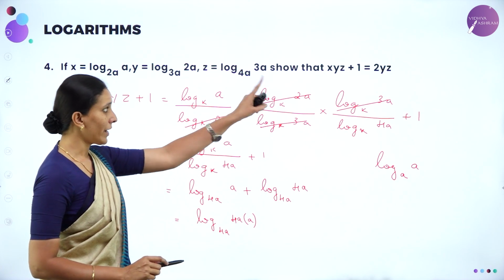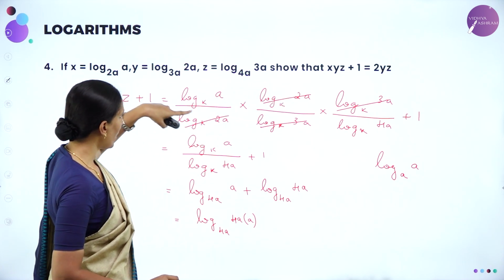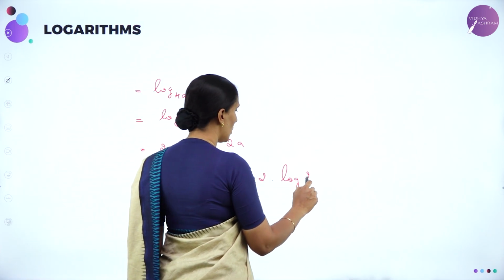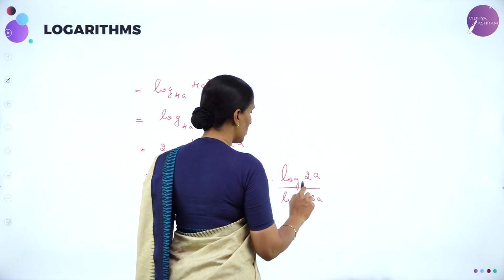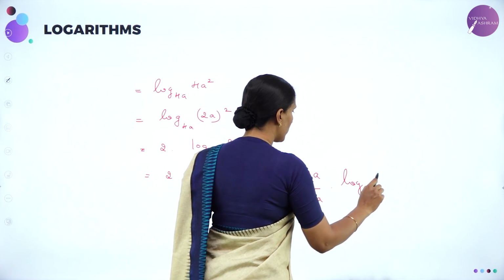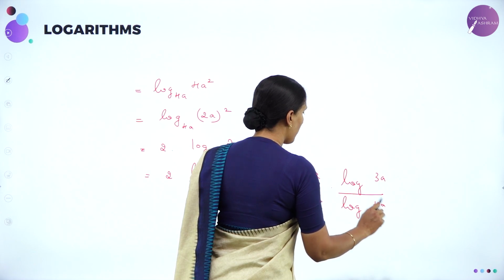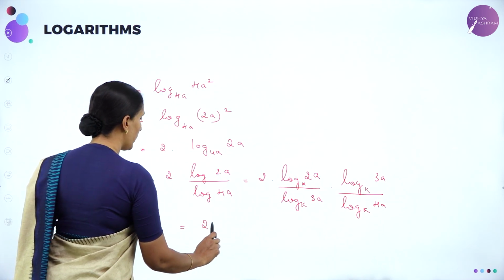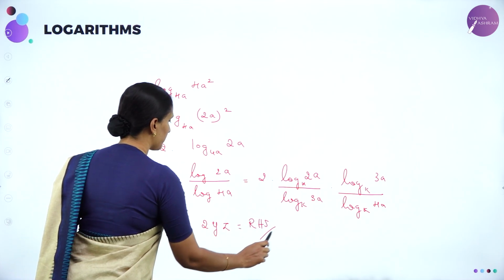Here I need y and z. To get y and z, I need 3a once in the numerator and once in the denominator. So I'll write this as log 2a by log 3a to some constant base k, into log 3a by log 4a to some common base k. Now clearly this is in the form of 2 into y into z. So that is the right hand side.